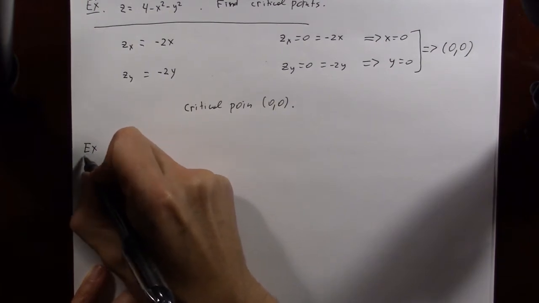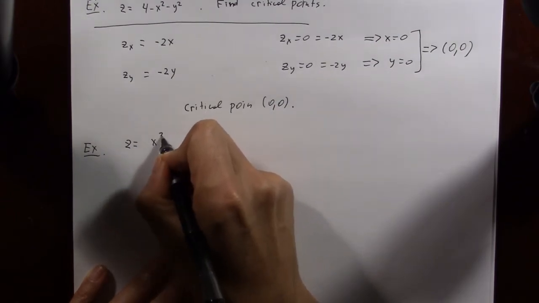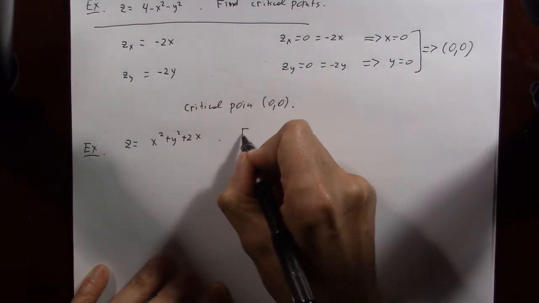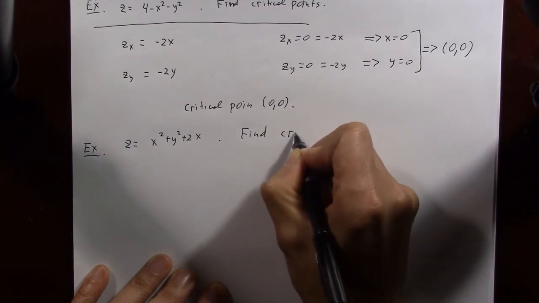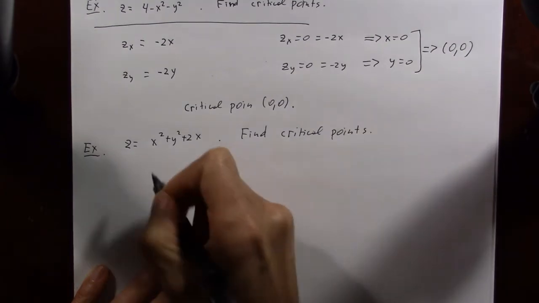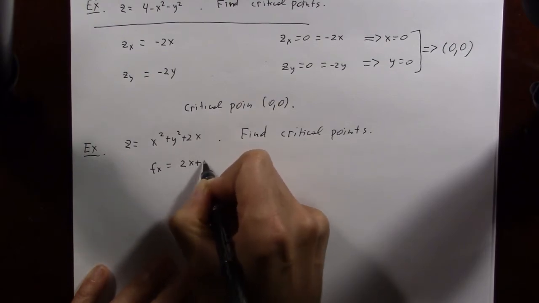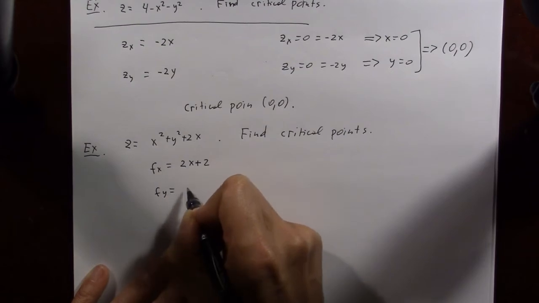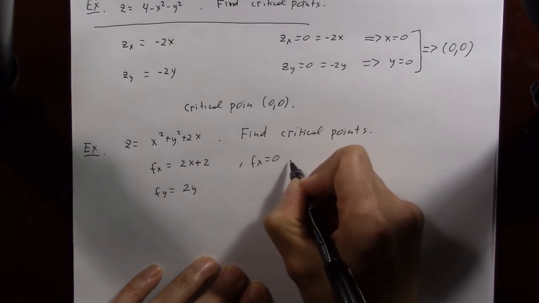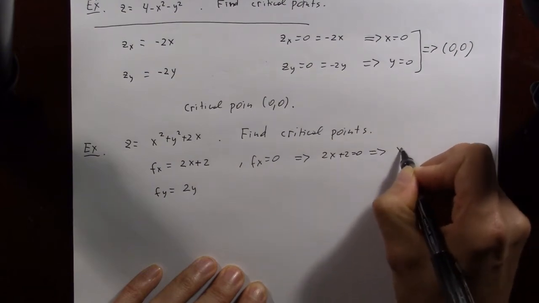Second example, we consider function z which equals x squared plus y squared plus 2x, and we want to find its critical points. The partial derivative with respect to x is 2x plus 2, and with respect to y is 2y. Setting 2x plus 2 equal to 0 gives x equals negative 1.